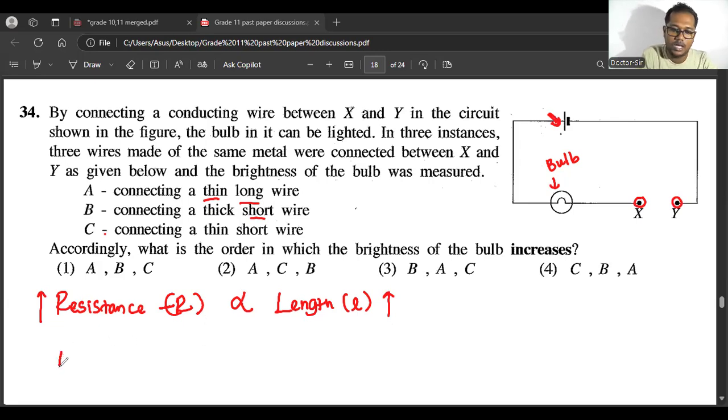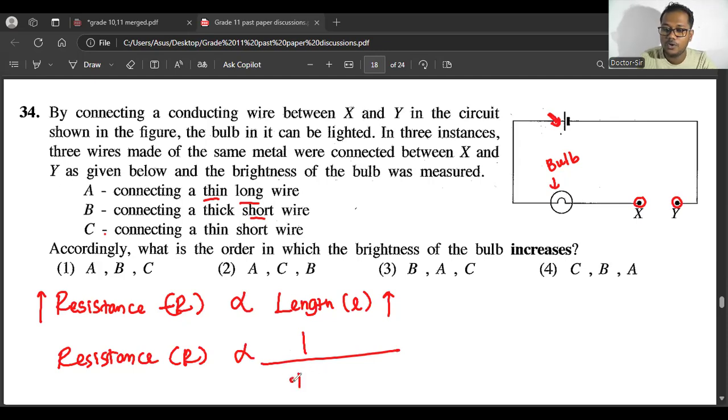Then resistance R is inversely proportional to the cross-sectional area, or we can say the thickness, A. If the thickness reduces, the resistance will be high. Now we have two thin wires, A and C. If the thickness reduces, they have high resistance.